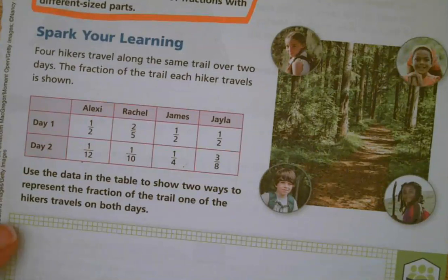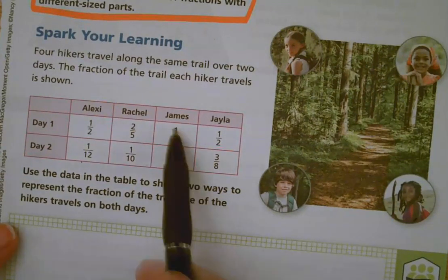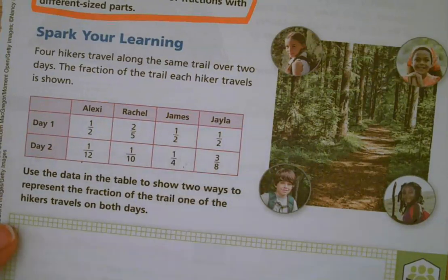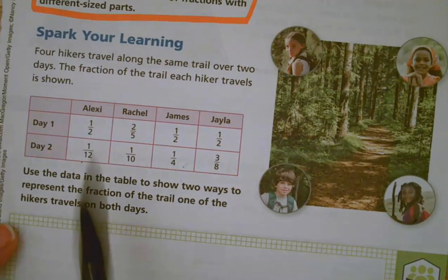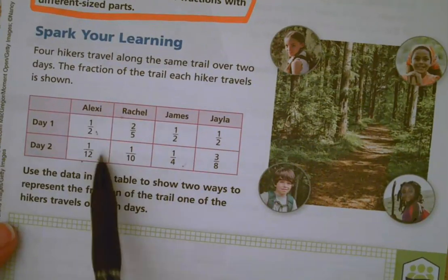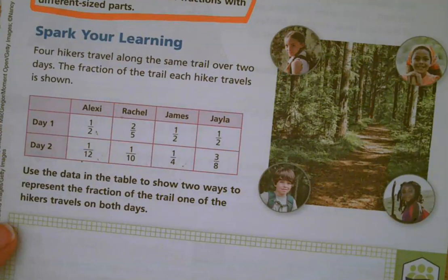First of all, I want you to think about what we're going to do here. We're going to have to add these together. Why would this be an addition problem? Well, because I'm going to take day 1 of one of the hikers' trail that they hiked, and then day 2, and then I'm going to combine them together to get the total.